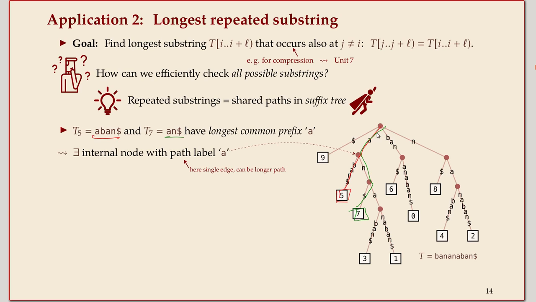They share this first edge, and voila, there is a node that has a path label A. And this is always the case whenever you have two suffixes that have a certain longest common prefix, the longest part that they share at the beginning, there will be an internal node with that path label. There has to be one because the paths split there.